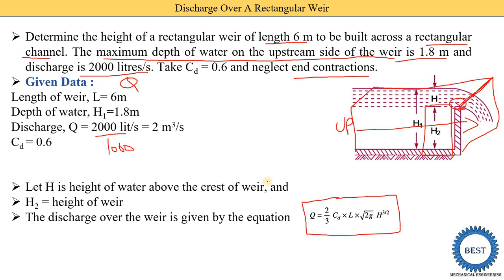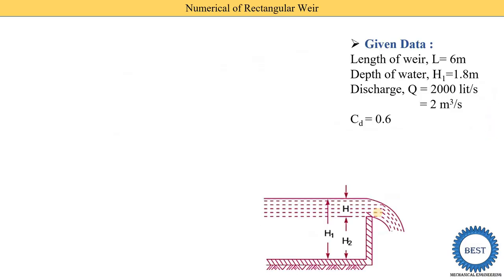In this equation we put the value of Cd, we put the value of L, we also put the value of G, it is 9.81. We also put the value of Q and we find out this capital H. So we take this equation, first we put the value of Q, it is 2.